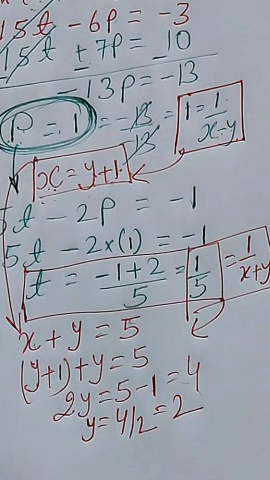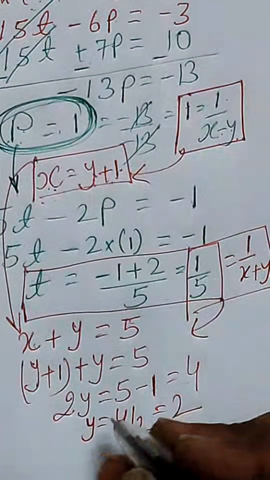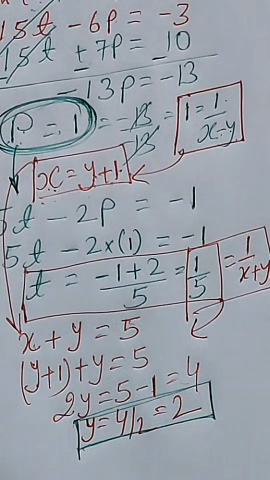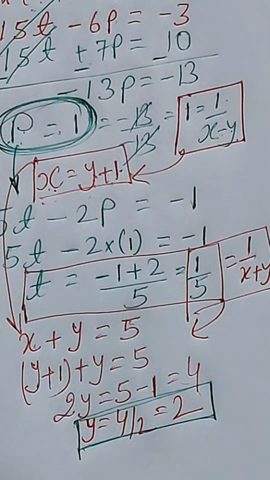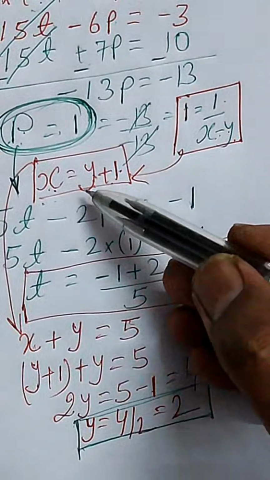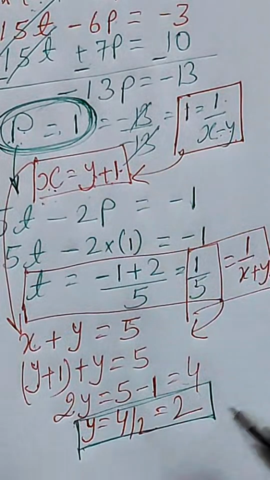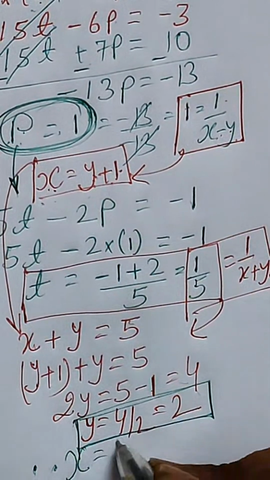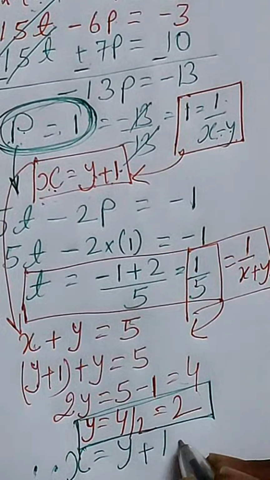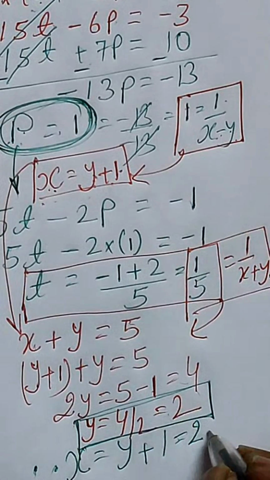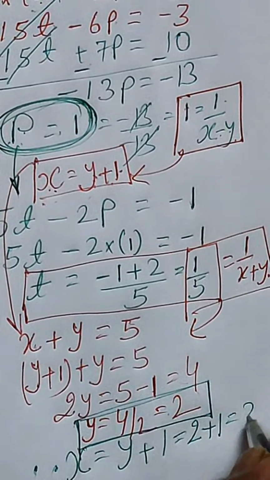So the value of y is calculated as 2. This is one of the answers which you have derived, right? Now the first part, x, what is the value of x? Since x equal to y plus 1, and y equal to 2, then x equal to 2 plus 1, that is equal to 3.